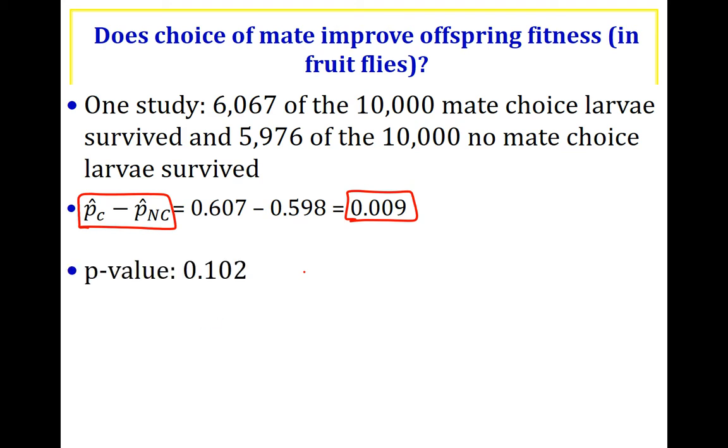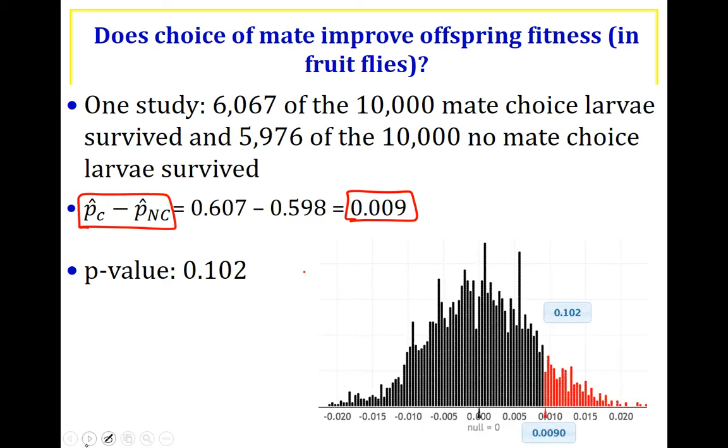If we calculate that using StatKey, and we'll do a little bit more of that today, but we did that the other day, we would get a p-value of 0.102. And it would look like this right here. Remember that the statistic always goes at the bottom, and this is 0.009, and the associated p-value is in the chart, which is the area of the data points which are as extreme as the statistic given.